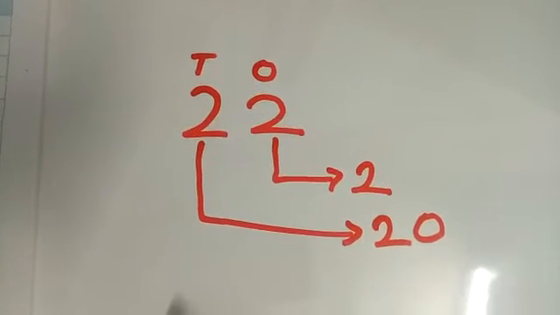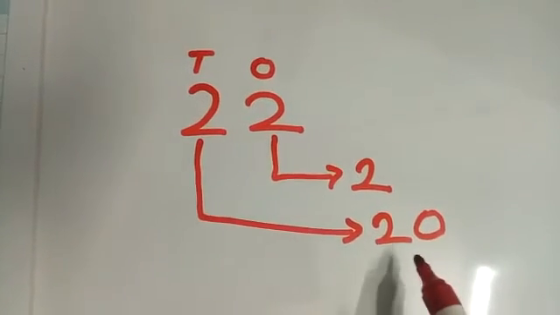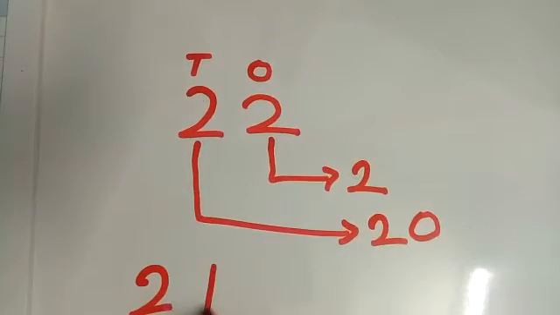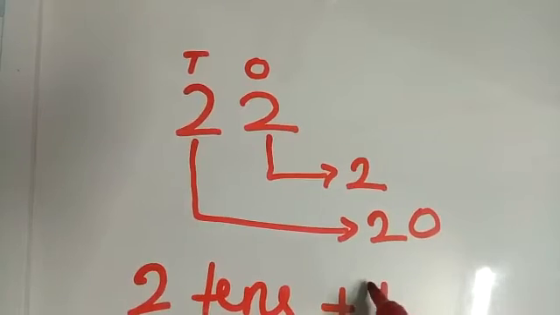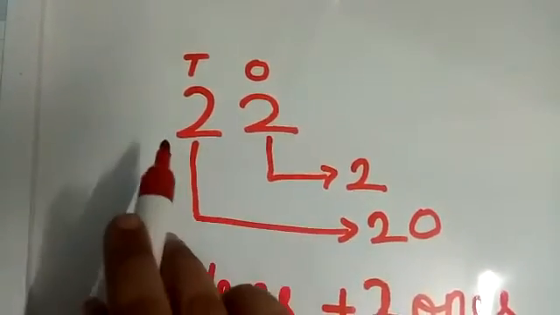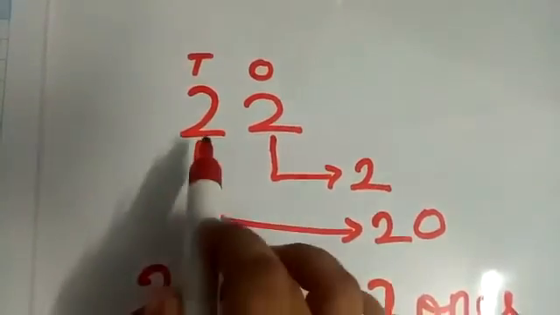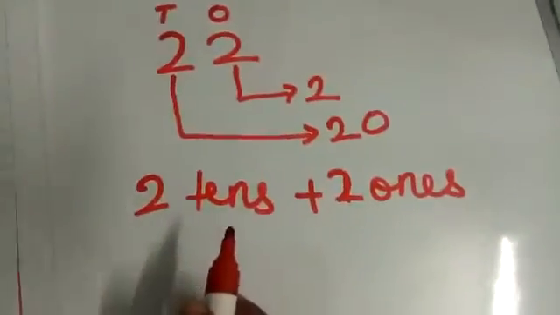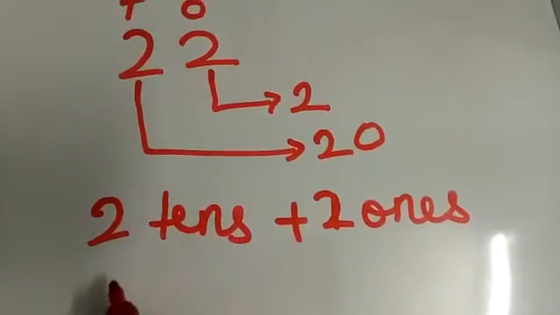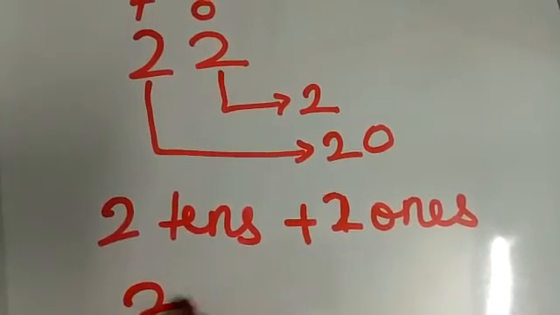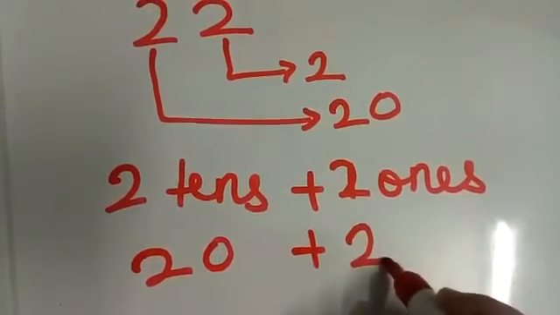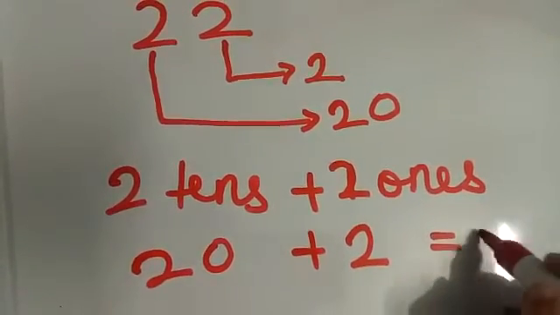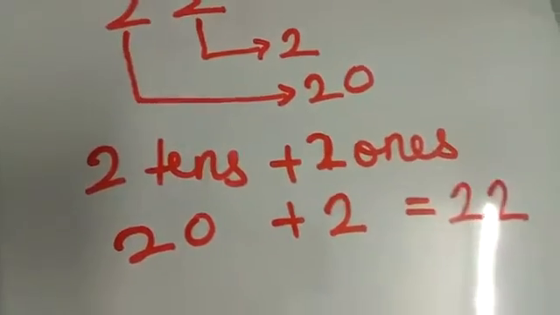So what will be the expanded form? 2 tens plus 2 ones. 2 tens means 20, plus 2 ones means 2, that is equal to 22.